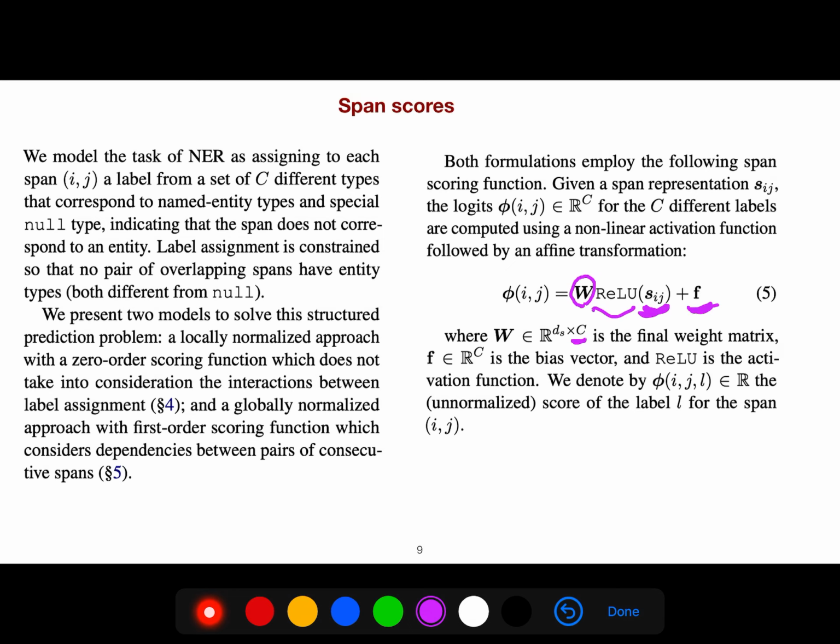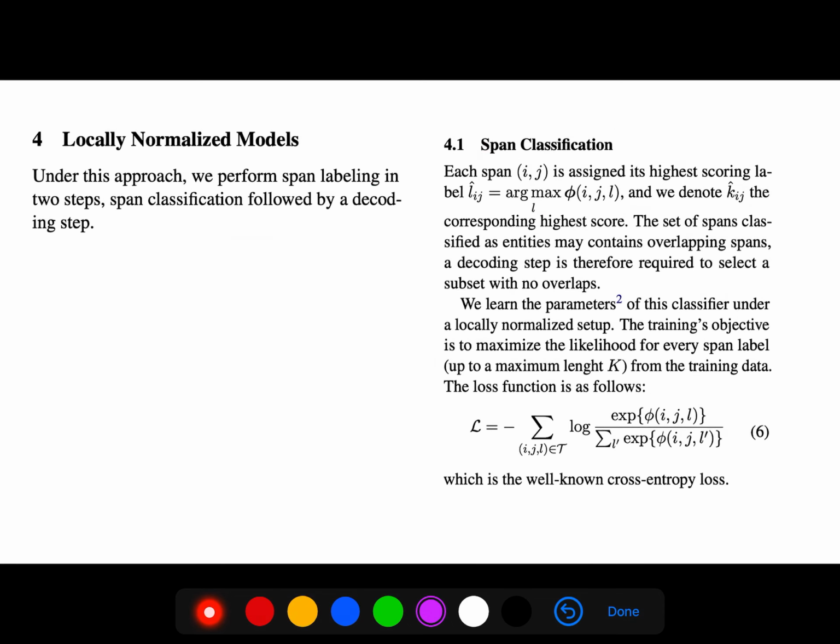We are also learning the bias, and so this becomes the score of any span from i to j. And we do span classification, because for different labels, different spans, so for each sentence we have this loss. So the total loss is the loss over all these sentences.